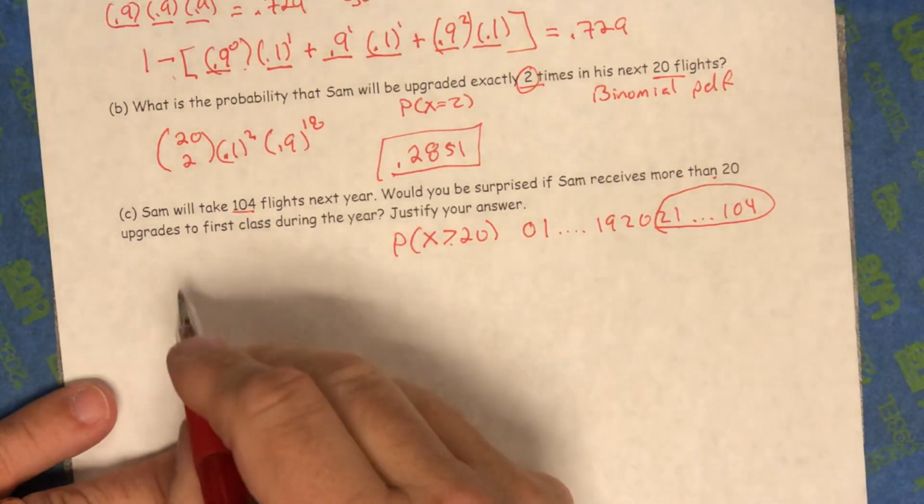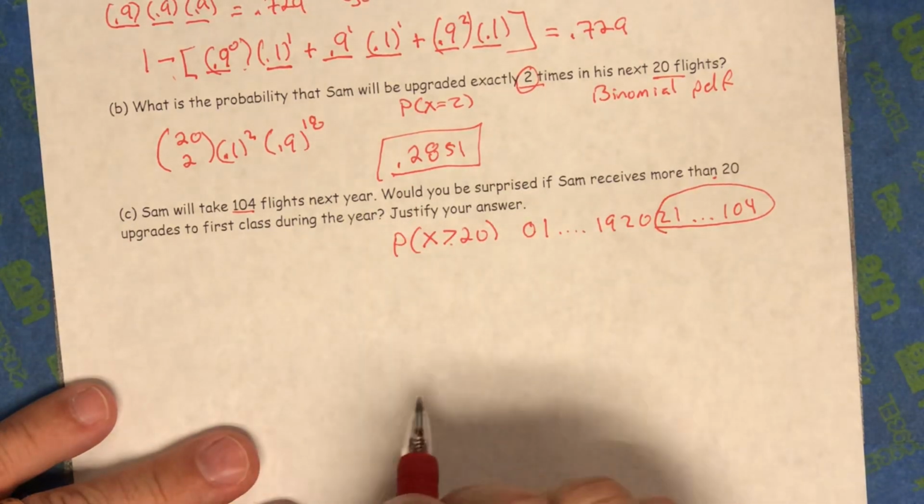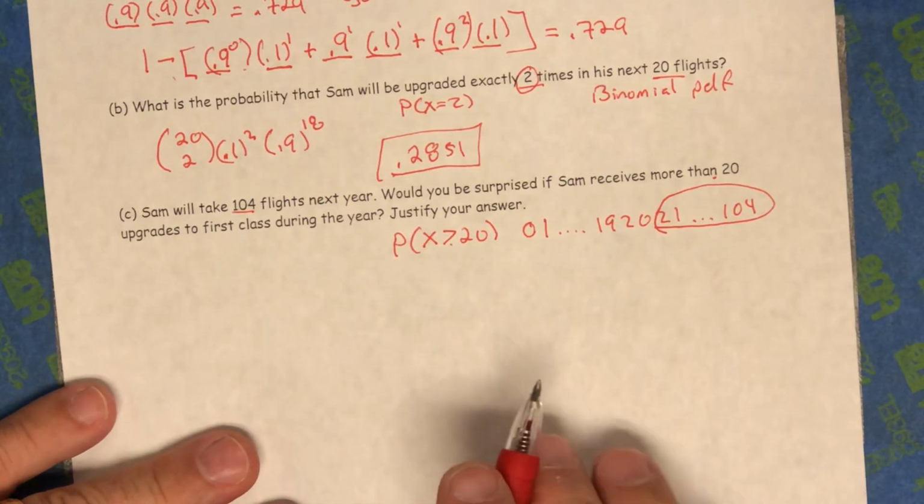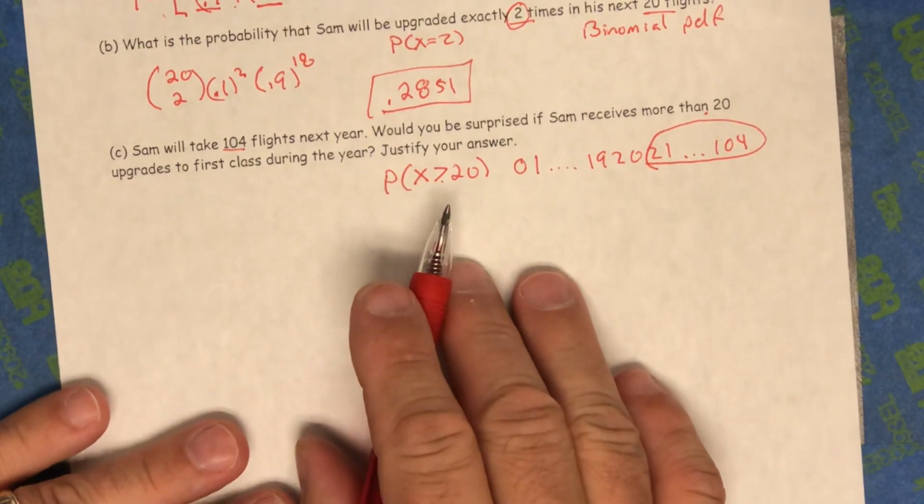So our work shown, we're going to want the probability of x equals 21 plus the probability of x equals 22 all the way up to the probability of x equals 104. Well, that's a lot of PDFs, but here's the way we'd show our work.